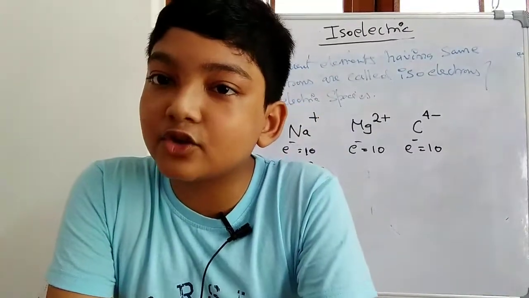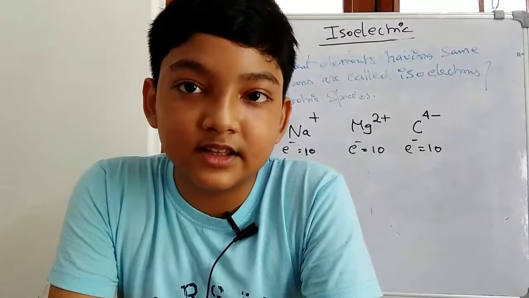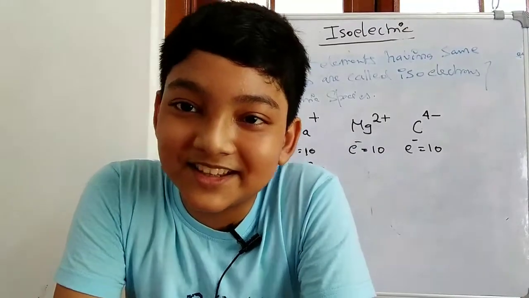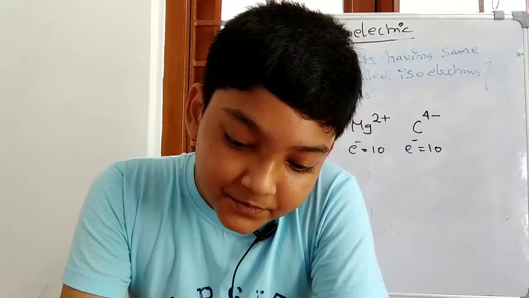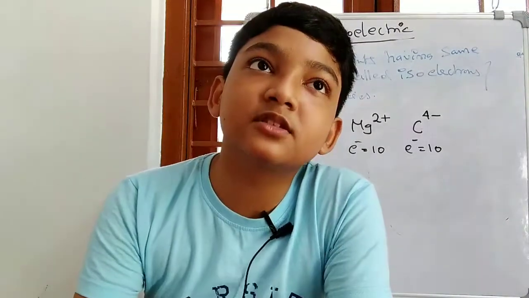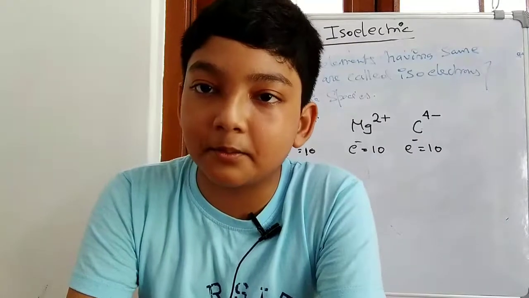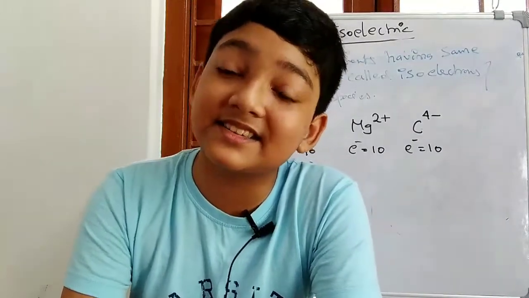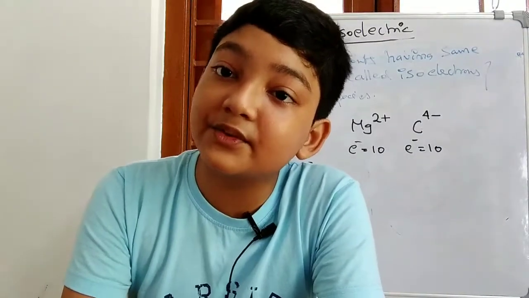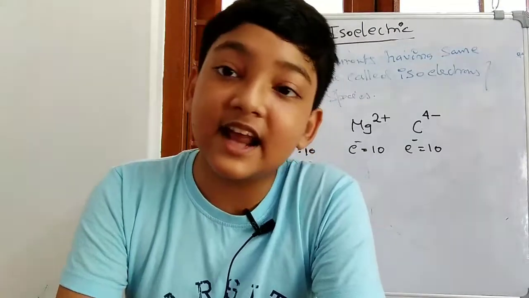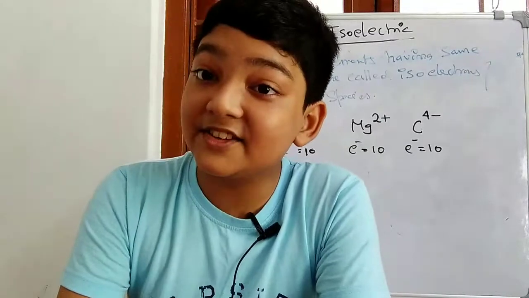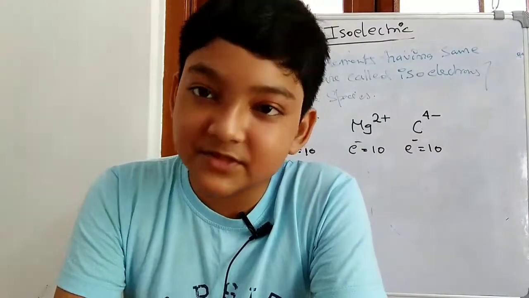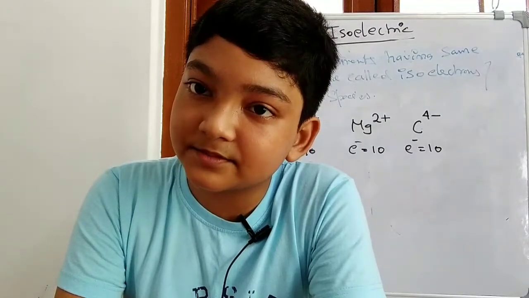We have learned isotopes. What are isotopes? Isotopes are species that have the same atomic number, meaning the same element, but different mass numbers. Then isobars, different elements having the same mass number. Then isotones, different elements having the same number of neutrons.